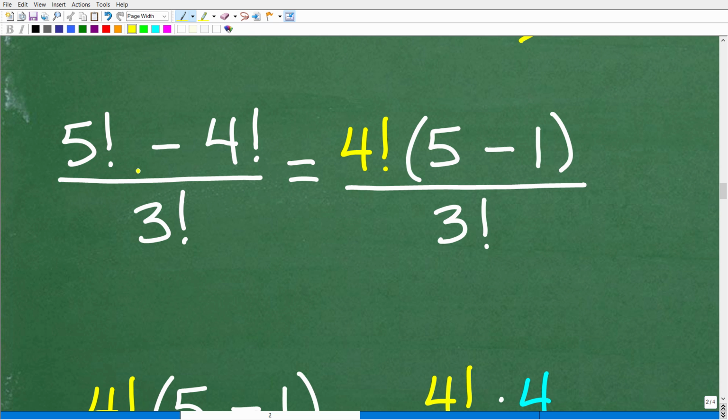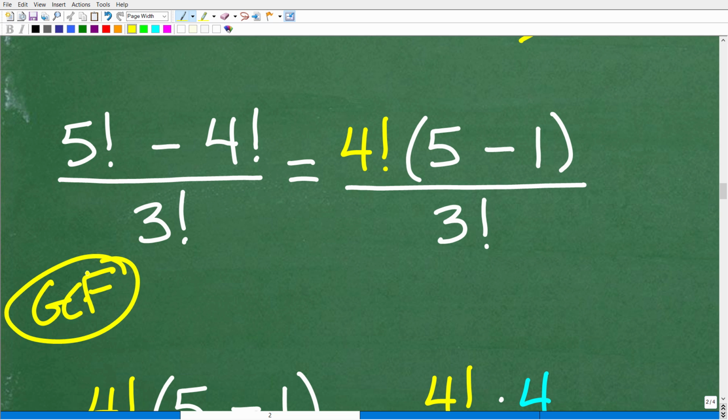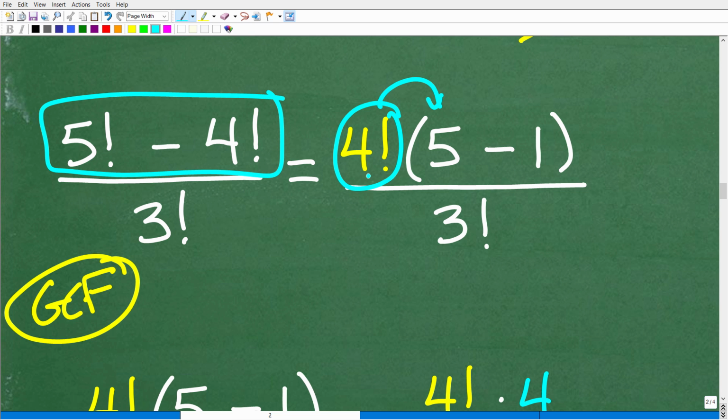All right, so in this particular problem, we have a difference up here in the numerator. We're looking at a fraction, and the smart thing to do here is to factor out the greatest common factor. Now, this may not seem so obvious, but the greatest common factor is 4 factorial. If I factor out a 4 factorial in this expression, if I take 4 factorial and I multiply it by 5, what do I have?